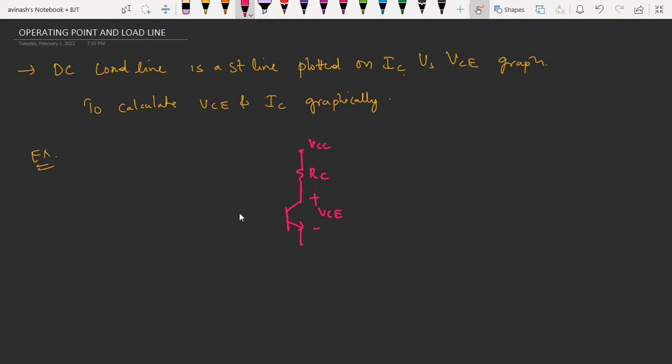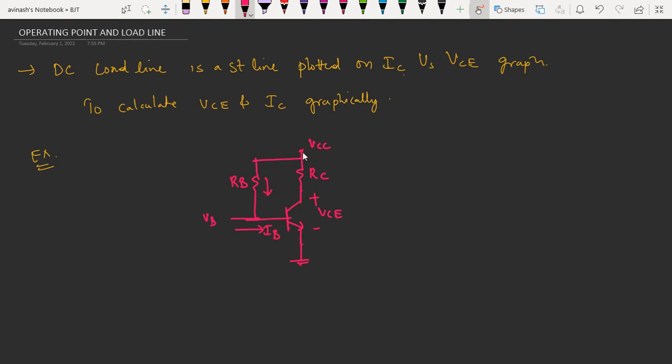Now a base resistance is connected like this. So this will be the base resistance, collector resistance. This is grounded. This will be the base voltage. The current flowing through this will be IB.